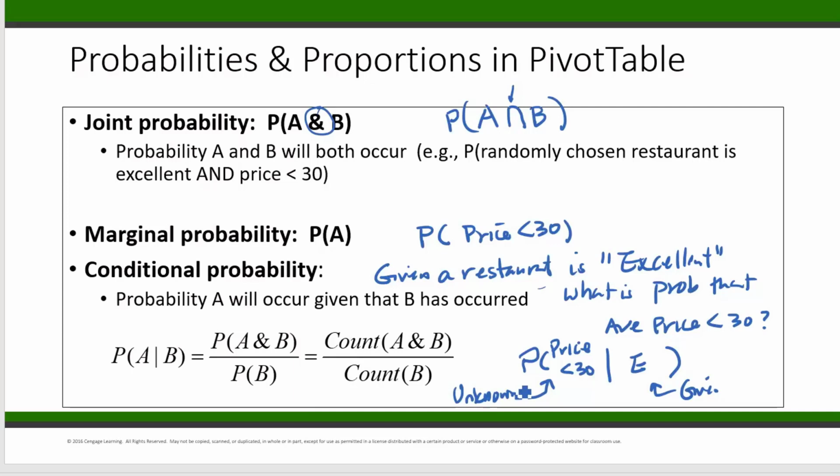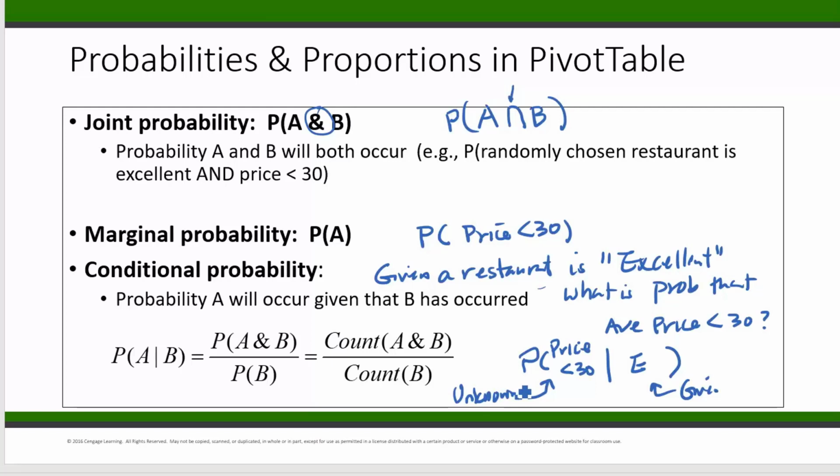So now how would you get that given this data? I could just count. In terms of probability notation, this is how you would write it: probability of A and B divided by probability of B. The B part goes down here. We know all these different counts, so we could just use a count.